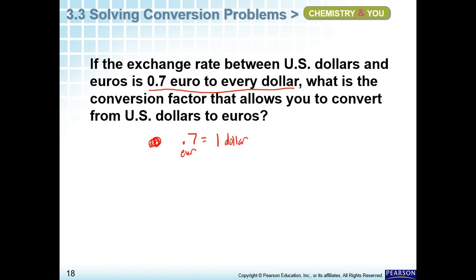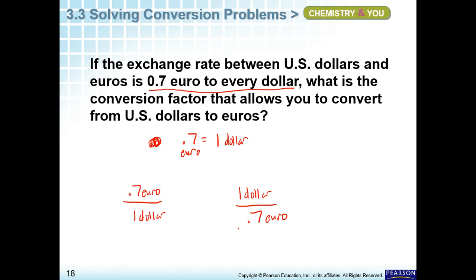So 0.7 euros. When we write conversion factors, you can write it as 0.7 euro over $1, or you can say $1 over 0.7 euros. Those are two conversion factors you're allowed to have.